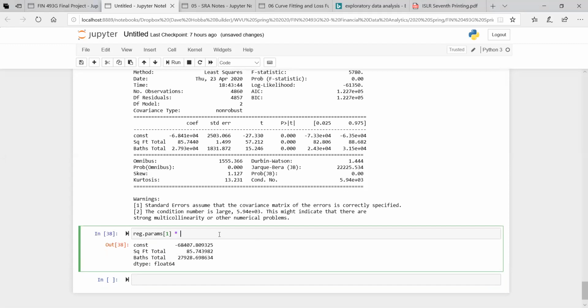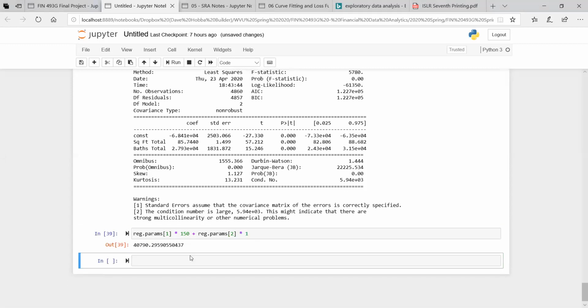So our second element multiplied by 150 plus our third element, remember, Python starts at 0, multiplied by 1. And this gives us $40,790. So this would be the expected increase in closing price given the improvements. Then provide a brief explanation.